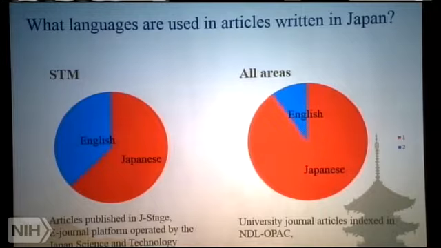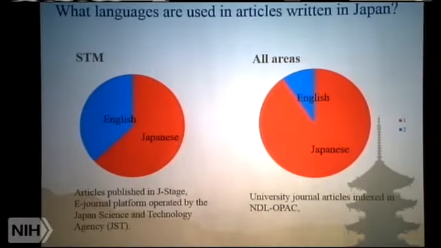According to a study conducted by the National Institute of Science and Technology Policy, the ratio of HTML articles written in Japanese was 25.6%. J-Stage, an e-journal platform operated by the Japan Science and Technology Agency, published about 29,000 Japanese language journal articles versus about 17,000 English language ones in 2013.